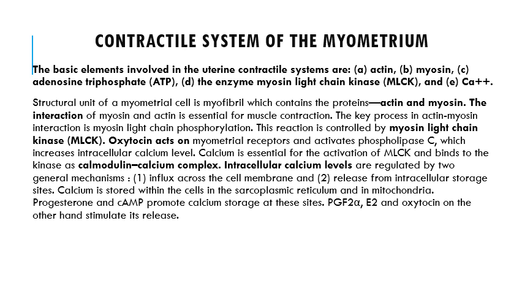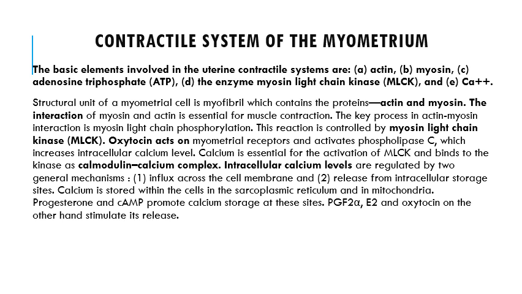Oxytocin acts on myometrial receptors and activates phospholipase C, which leads to increase in intracellular calcium level. Calcium is essential for activation of myosin light chain kinase, and it binds to the kinase as calmodulin calcium complex. Intracellular calcium levels are regulated by two mechanisms: one is influx across the cell membrane and the other is release from intracellular storage sites.